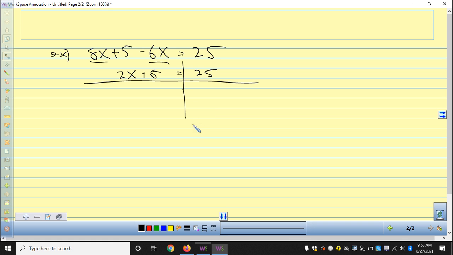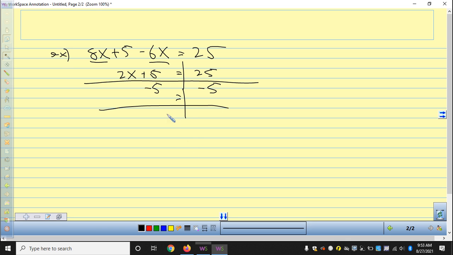We want to do the plus 5. We want to go to kind of the opposite order of PEMDAS. So I'm going to subtract 5 from both sides. And the line helps us remember to subtract from both sides of the equal. So we're going to subtract 5 on either side of the line.